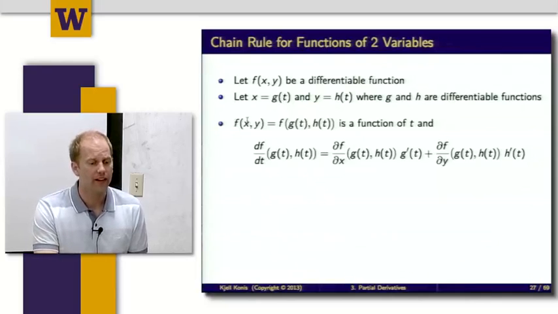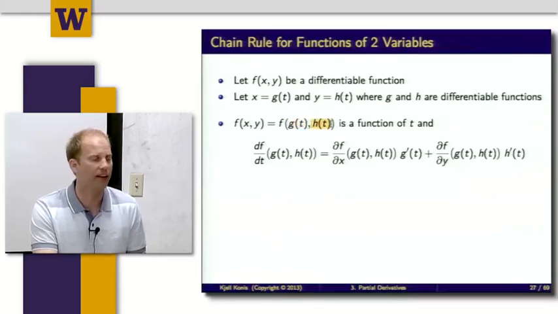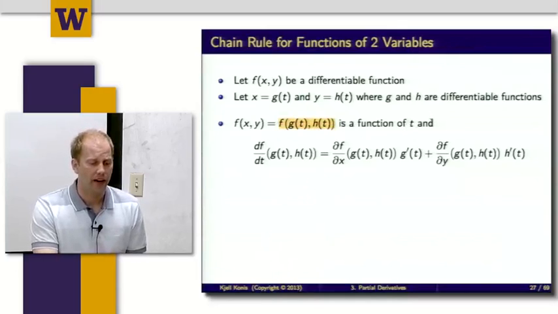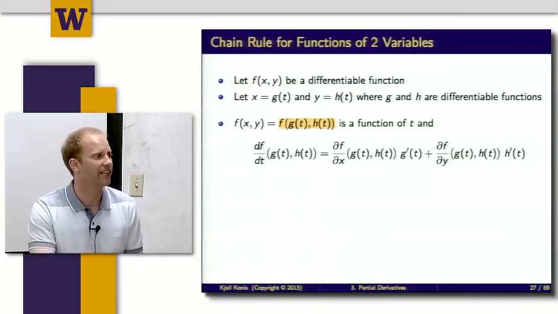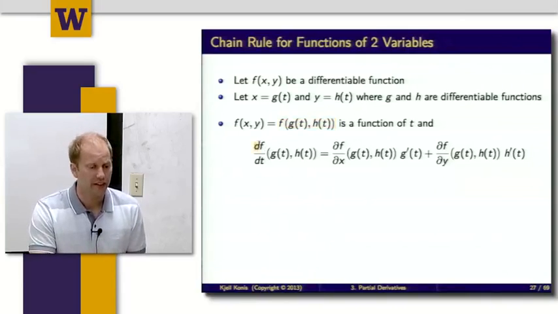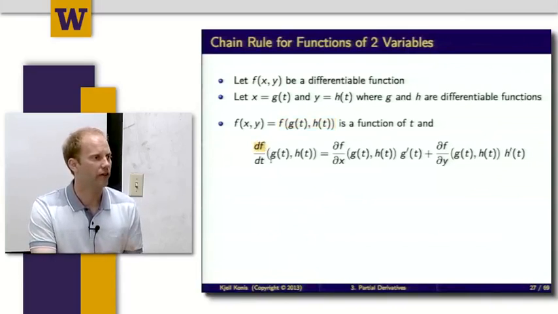And so I can think of f of x, y: if I replace x by g of t, which gives me my x coordinate, and y by h of t, which gives me my y coordinate, then this function is really just a function of t. Here I'm getting kind of clever with the d's and the partial symbols. Because f is only a function of one variable t, I can actually write a complete derivative for f.